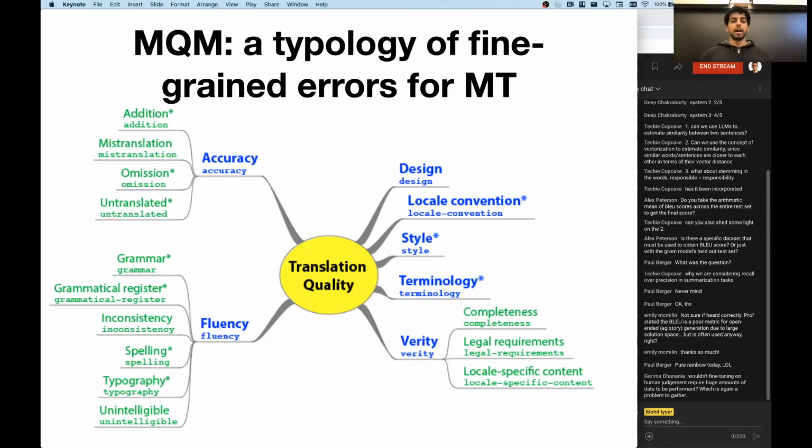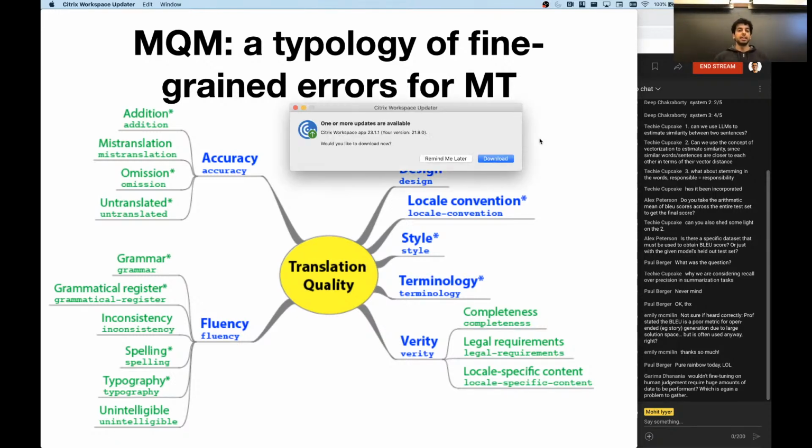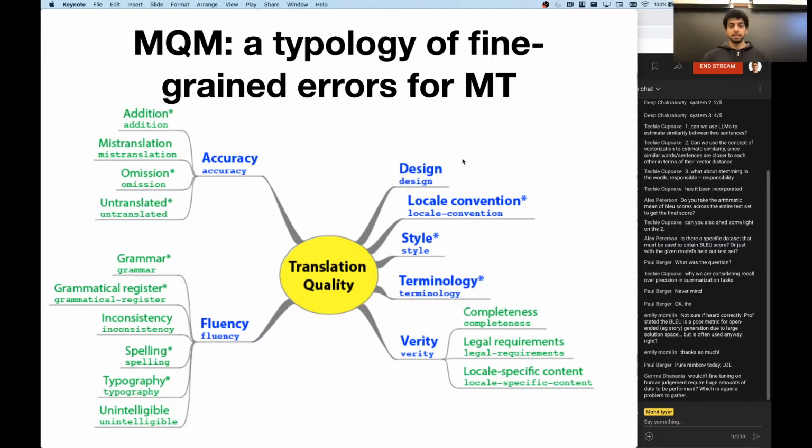So one thing that is gaining a lot of traction now is having more fine-grained feedback in these evaluation metrics instead of just a single score that tells you how good is this translation from 0 to 100 or something like that.